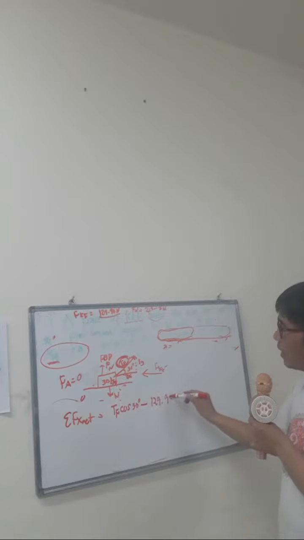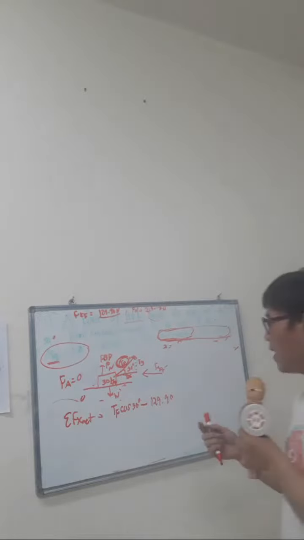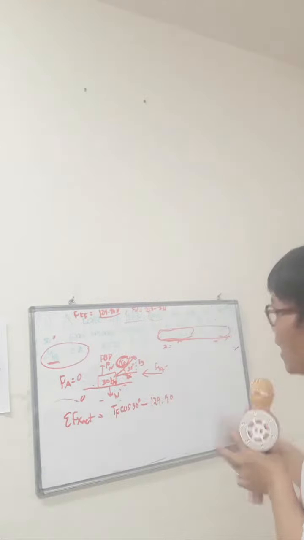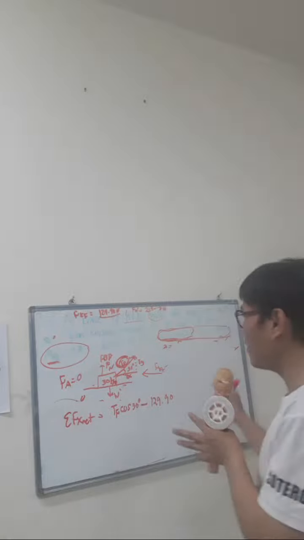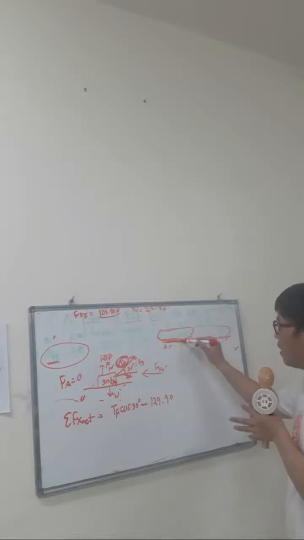129.90, right? Is there any force involved? Nothing, there's no applied force. In this situation, shall we let the Fx equal 0, or break it down to ma? This is the time we need to break it down to ma, because this is now horizontal acceleration.